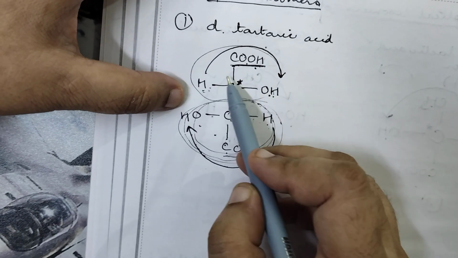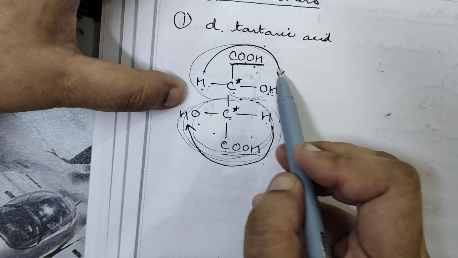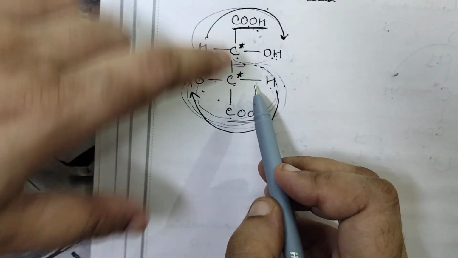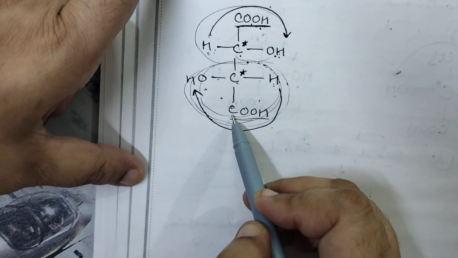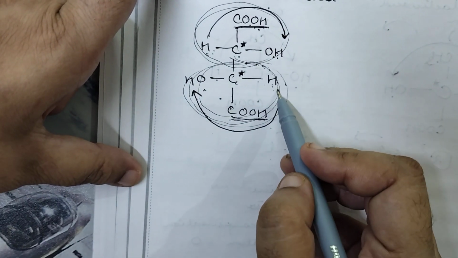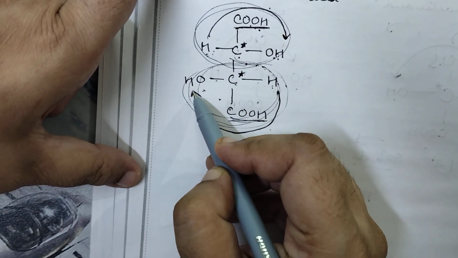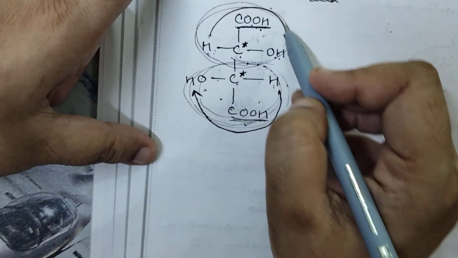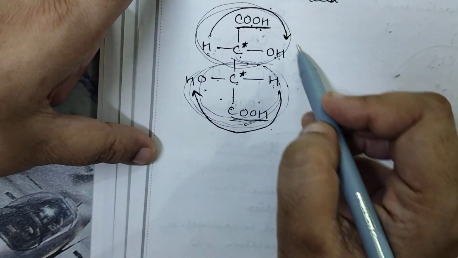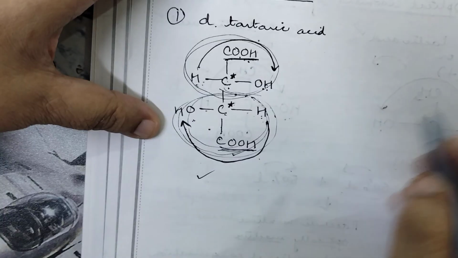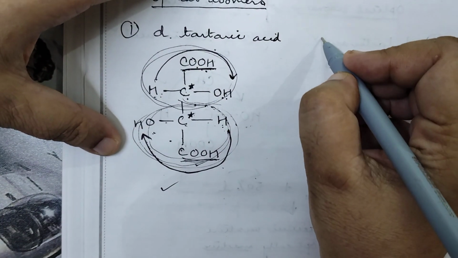So I drew an arrow from H to OH taking carboxylic into consideration. In the same way, hydrogen to hydroxyl, this is COOH and this is the whole big group. So we will draw an arrow from hydrogen to hydroxyl from this side. And both are showing that rotation is towards right hand side or in clockwise direction. So this is how we make dextrorotatory tartaric acid.